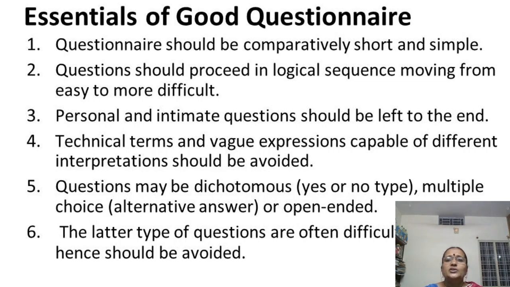Next, technical terms and vague expressions capable of different interpretations should be avoided. Next one is questions may be dichotomous, that is yes or no type question, or multiple choice, that is alternative answers, or open-ended questions. Sixth one is the latter type of questions are often difficult to analyze, hence should be avoided.